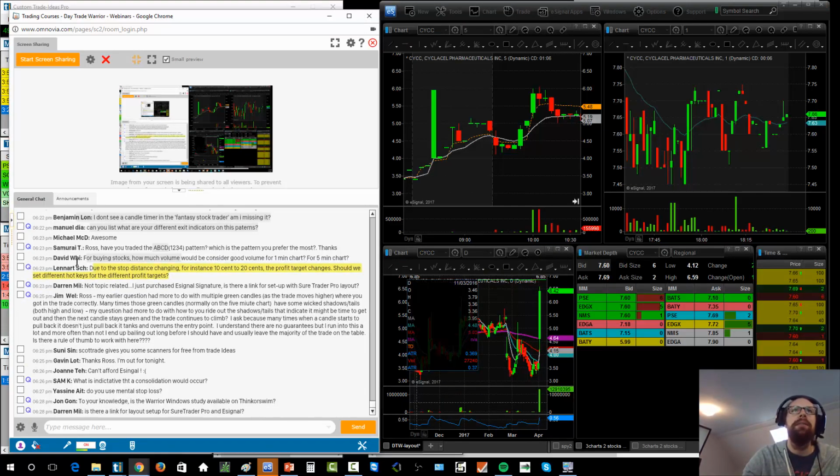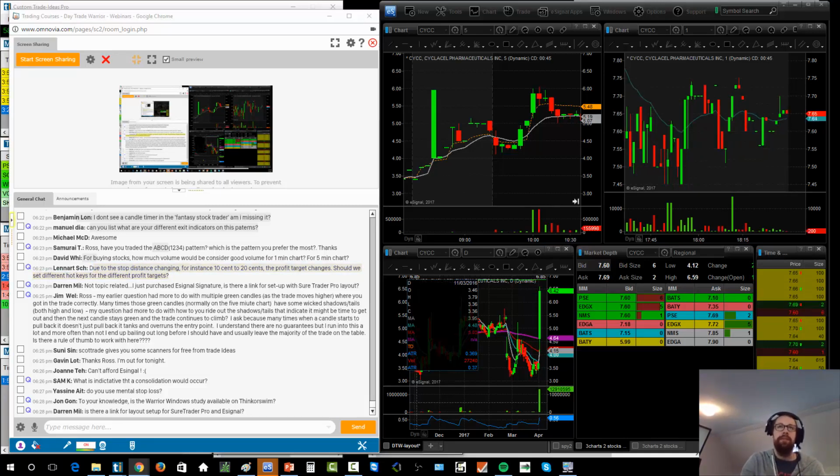David, for buying stock, Lenar asks: due to the stop distance changing, for instance 10 cents, 20 cents, the profit target changes, which is correct. Should we set different hotkeys for different profit targets? You can, absolutely. You can go into the simulator and set different hotkeys for different profit targets, either a profit target plus 10 cents or plus 20, and a stop loss hotkey of minus 10 cents or minus 20.